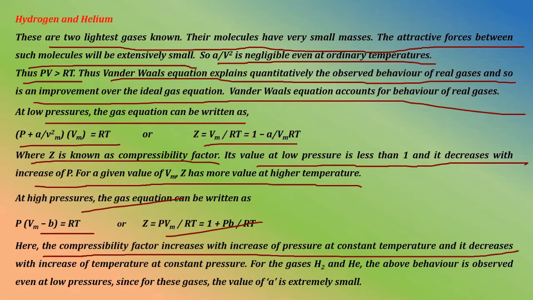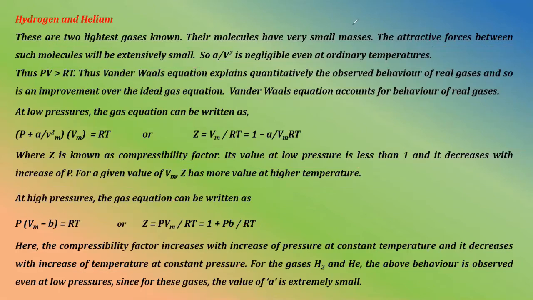This is quite an important message. For the gases H2 and He, this behavior is observed. So basically H2 and He were taken as volunteers, serving as the subject material for the conduction of this particular test.